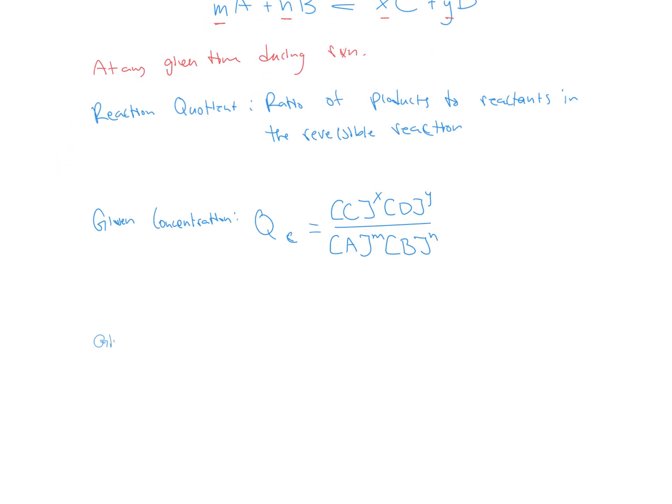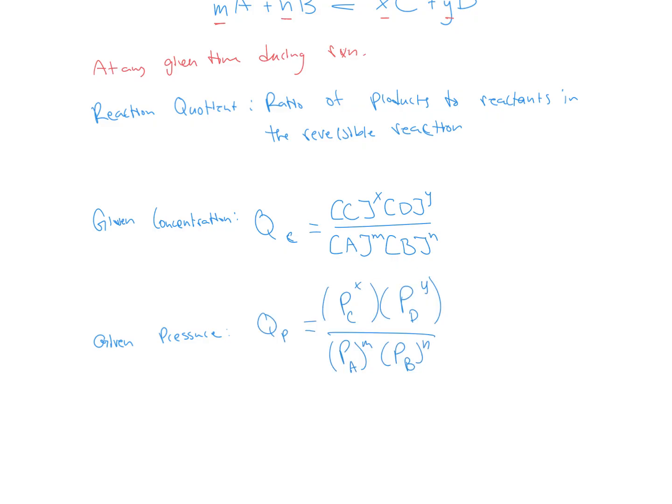The other way is if you're given pressure, now it's QP, and for this, all you use is partial pressures. And so you'd have the partial pressure of C to the power of X times the partial pressure of D to the power of Y divided by the partial pressure of A to the mth power and the partial pressure of B to the nth power.